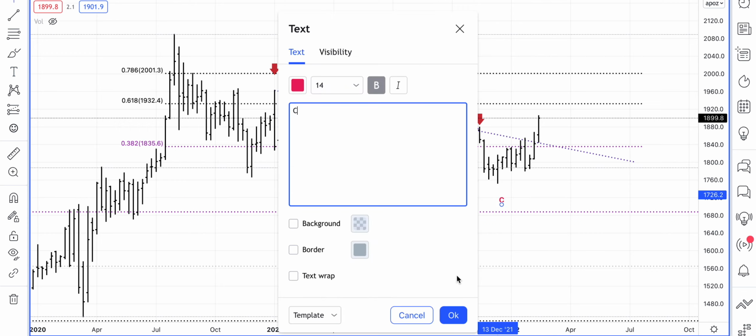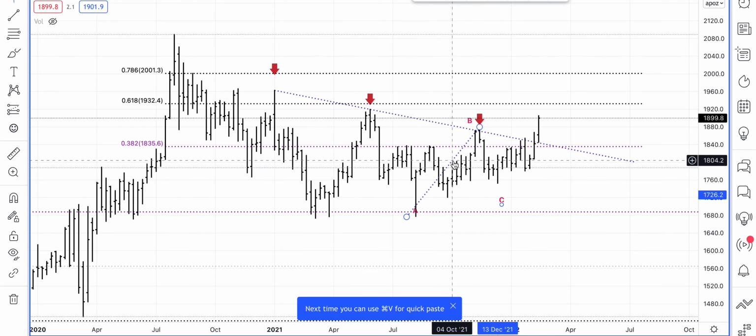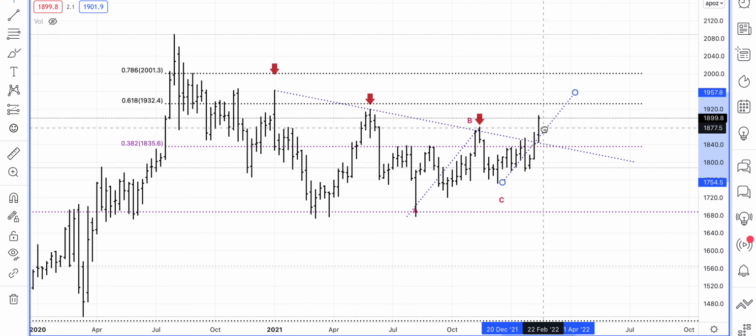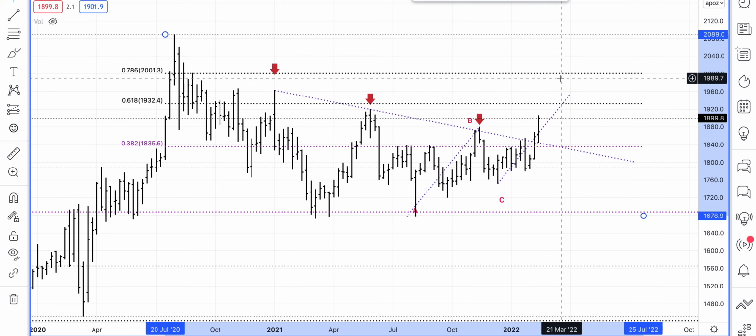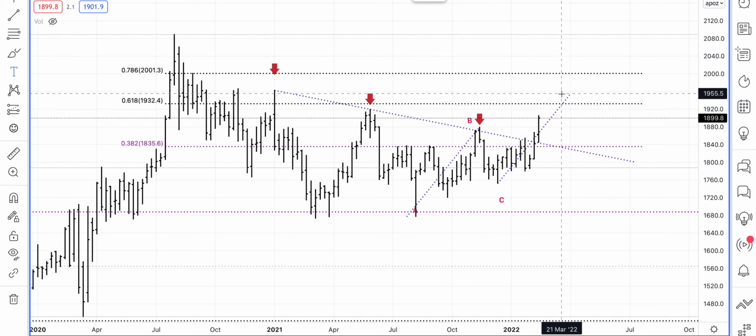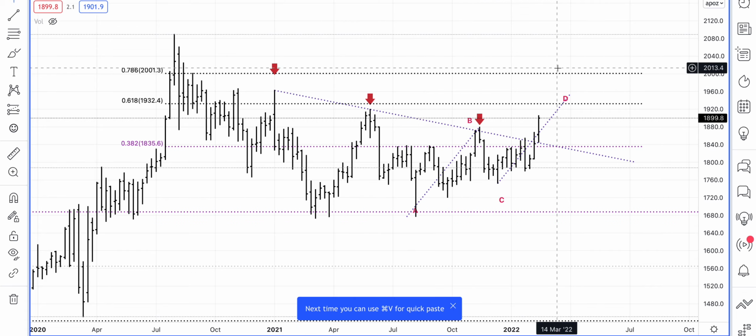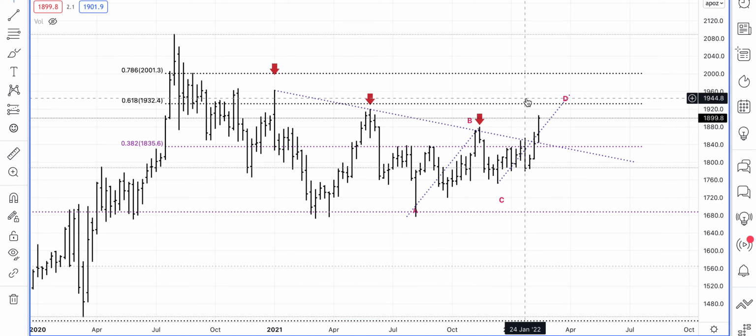This will be our C point, and actually copy this over. So that takes us to around here, 1955. So that's the level we were looking at on the daily chart as well. So this is going to be potentially a resistance zone, if we can just call that.